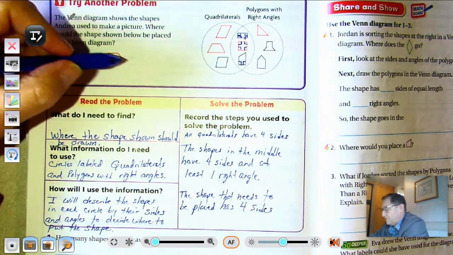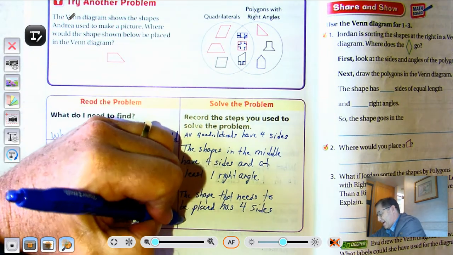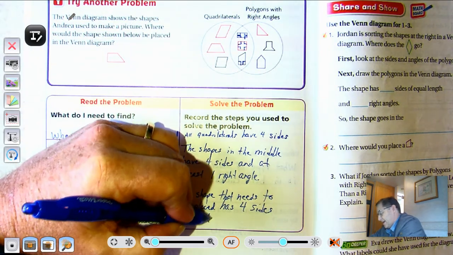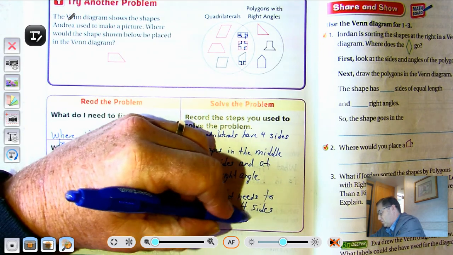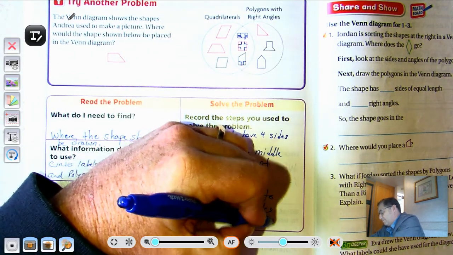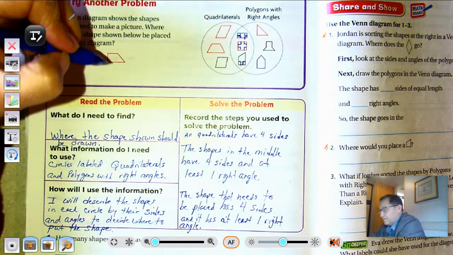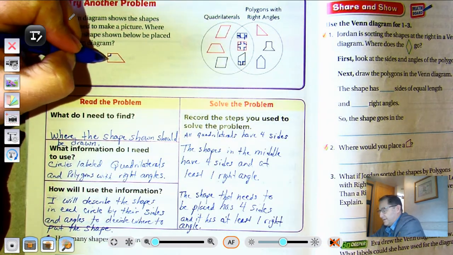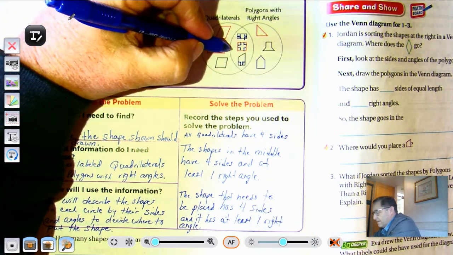It has four sides, so it is a quadrilateral. And it has at least one right angle. In fact, this shape has 2 right angles. So it goes right in the middle.